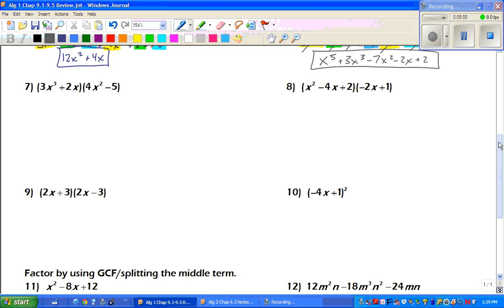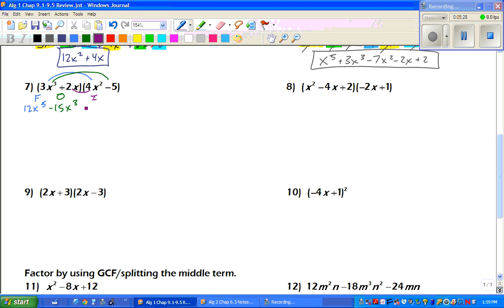Number 7, we have to FOIL. So my first would be 3 times 4 is 12x to the 5th. My outsides: 3 times negative 5 is negative 15x cubed.